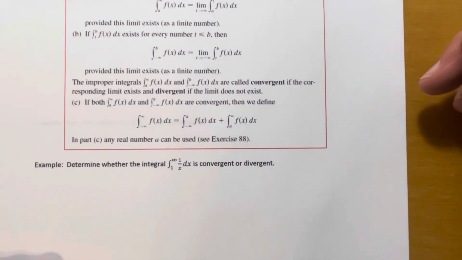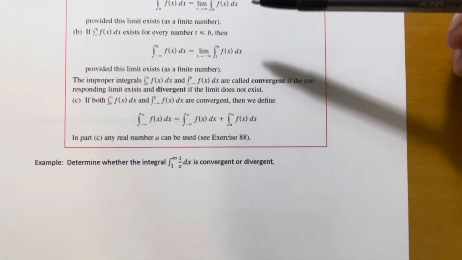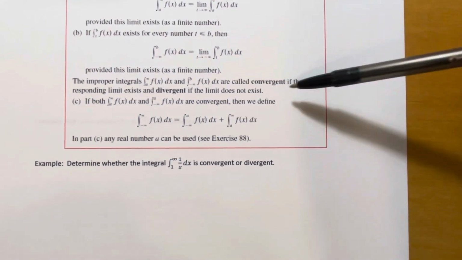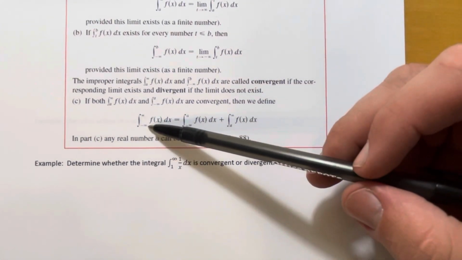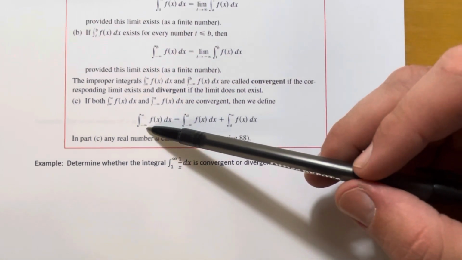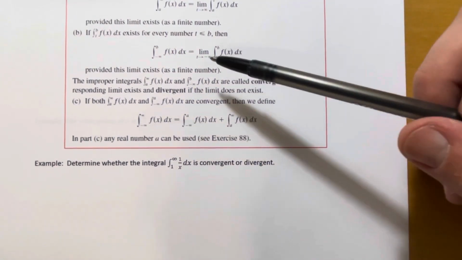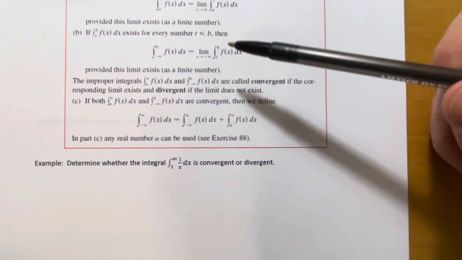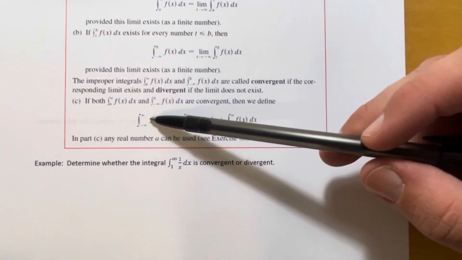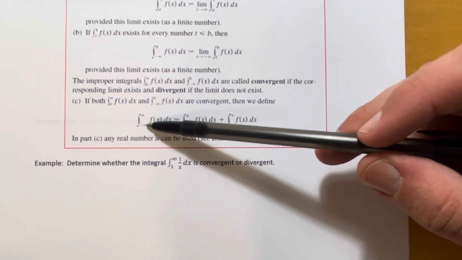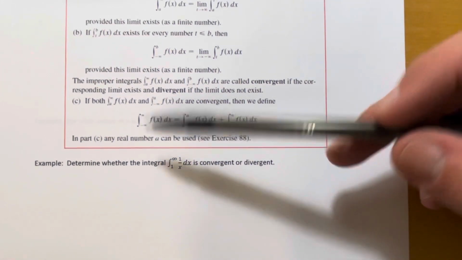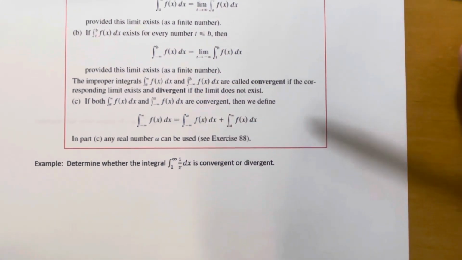Then the third case that we could think of is if we want to integrate a function over the entire real line. So we're looking at integrals that take this form, the integral from negative infinity to positive infinity of f of x dx. The way that we think about this is we pick some real number between negative infinity and infinity, which would just literally be any real number.